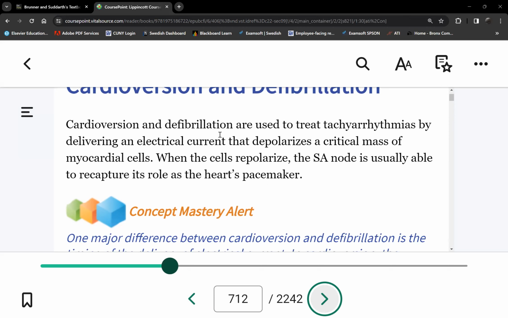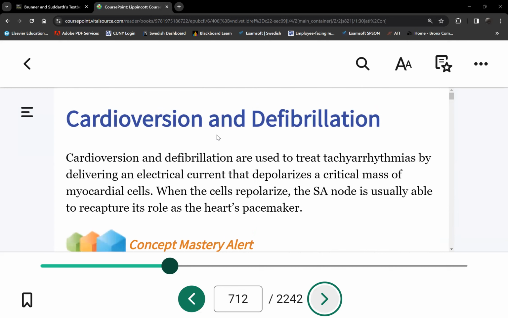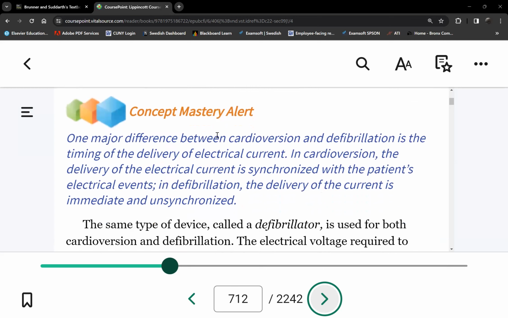If you want to use it as a defibrillator, what button must be off? The synchronized button must be off. If you want to use it as a cardioverter, what do you do? Turn on the synchronized button. So here's the real difference between the two. It's the timing of the electrical shock delivery.